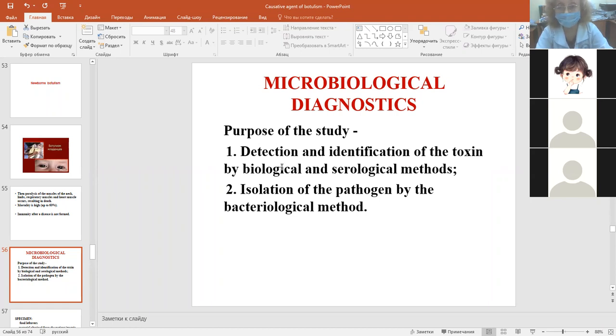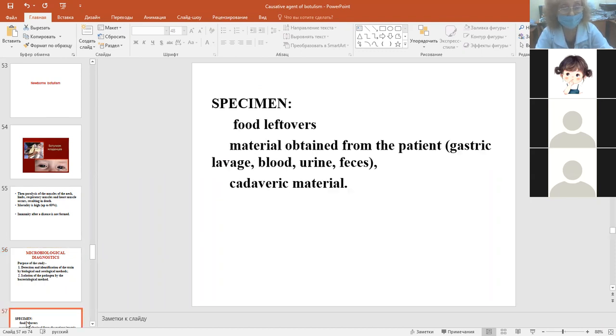So, detection and identification of toxin by biological and serological methods, and isolation of the pathogen by the bacteriological method, just for any case, okay? Because the first task is to detect and identify the toxin: what group does it belong to?